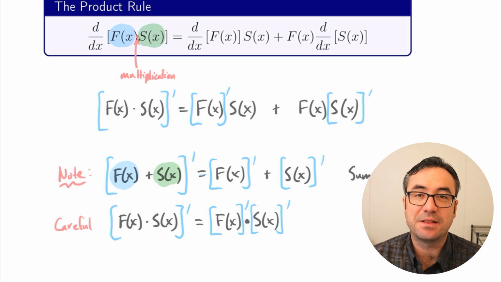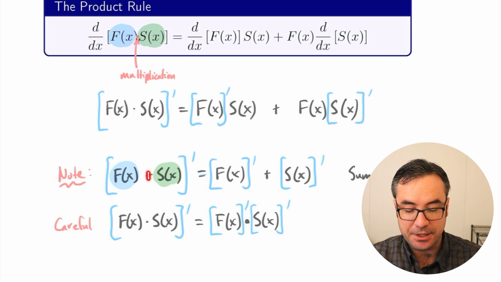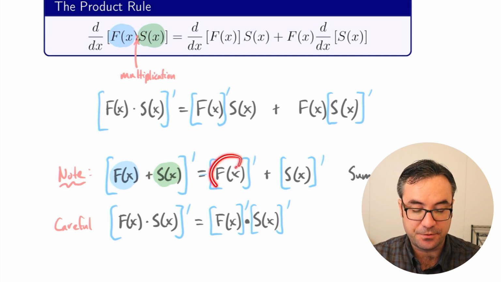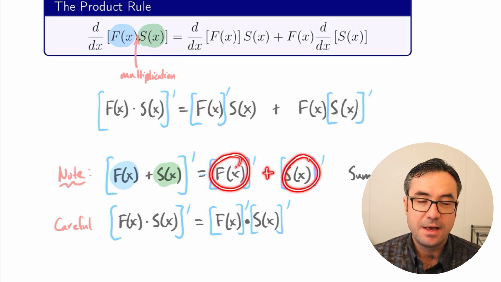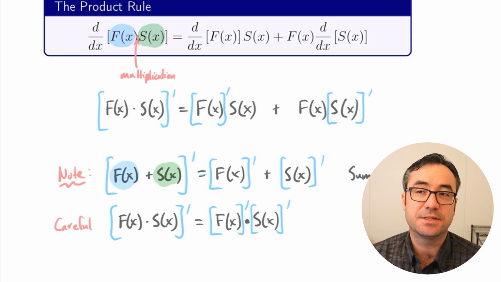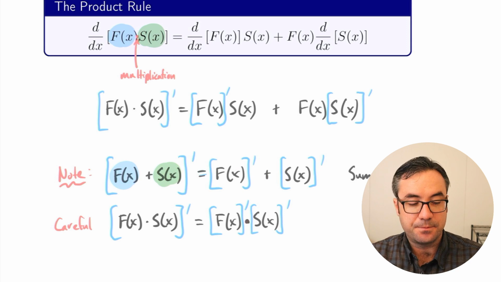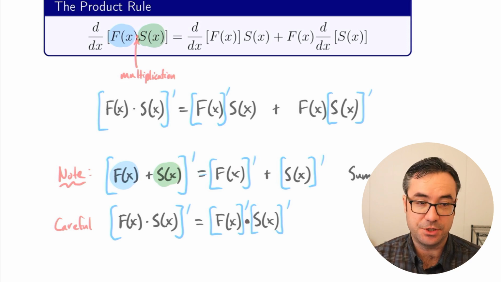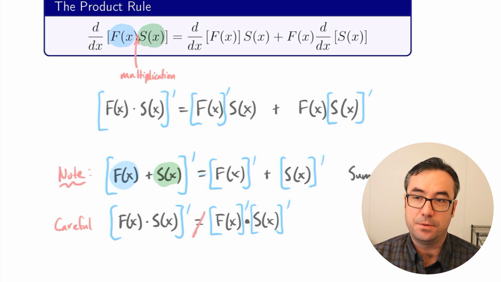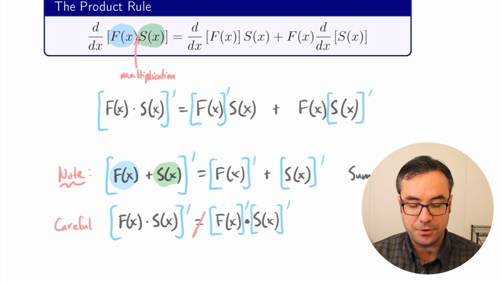It fits in line with what we know about addition and subtraction. We just do the first function, do the second function, and then the plus sign or minus sign just stays the same. Unfortunately, it doesn't work this way with multiplication or division. So no, this doesn't work out. It's very tempting, but it's wrong. We can't do this.